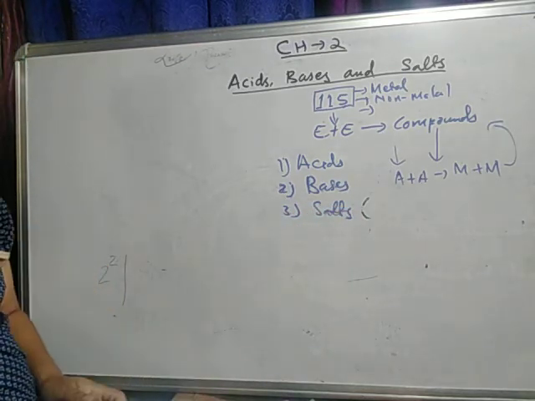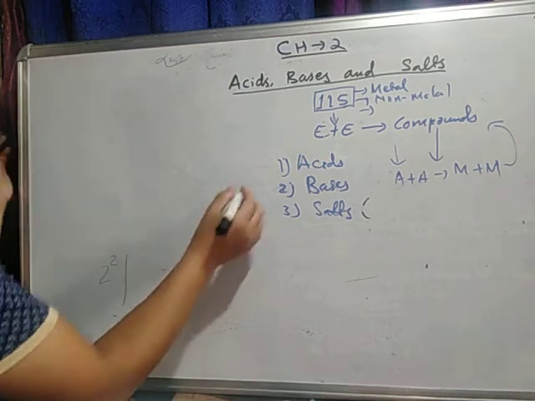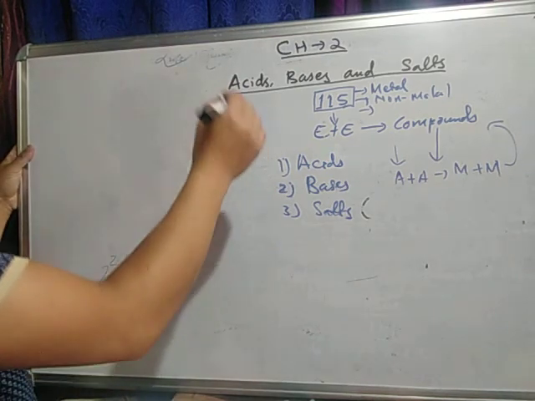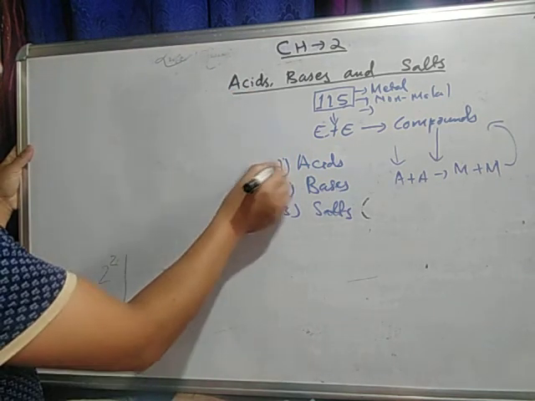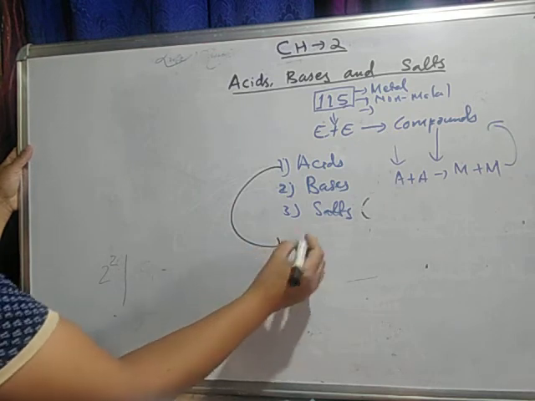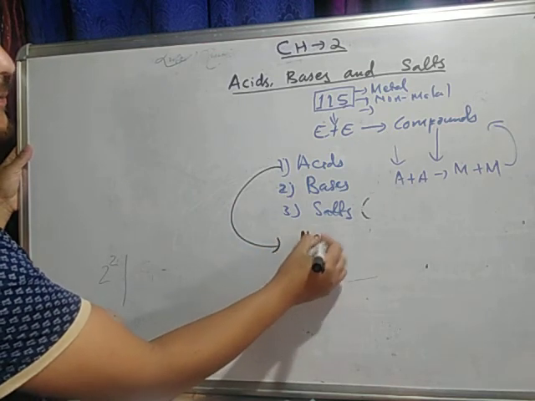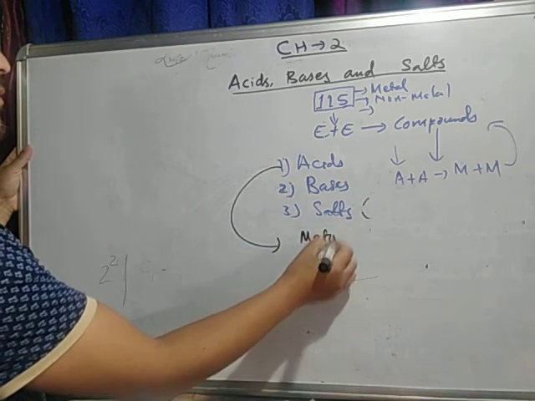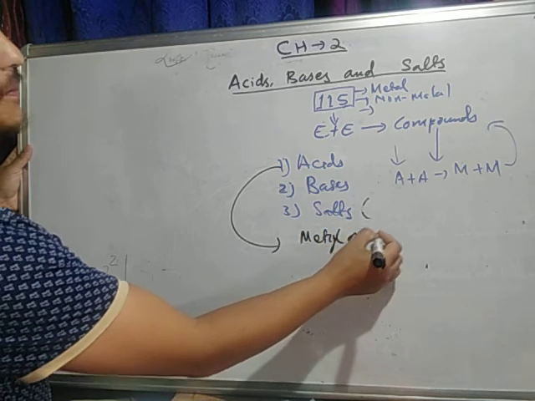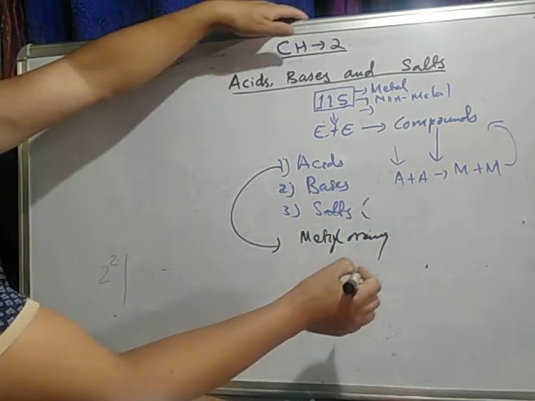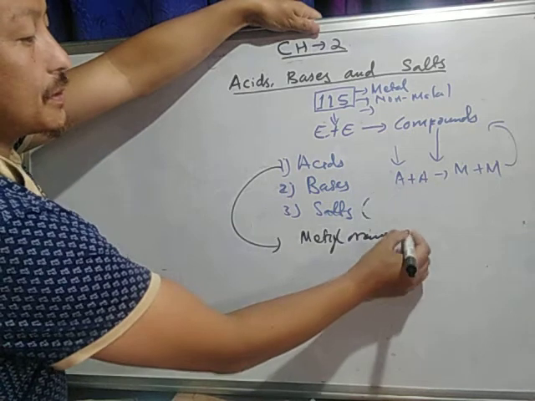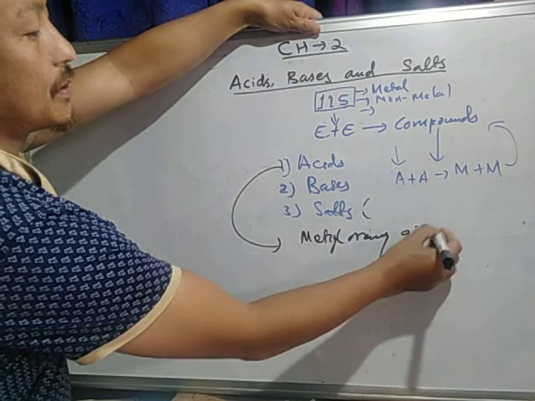So methyl orange, write down. Whenever you put methyl orange in acid, what happens? Methyl orange gives red color.